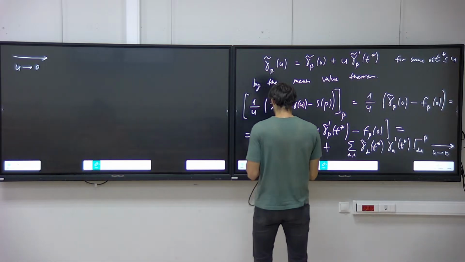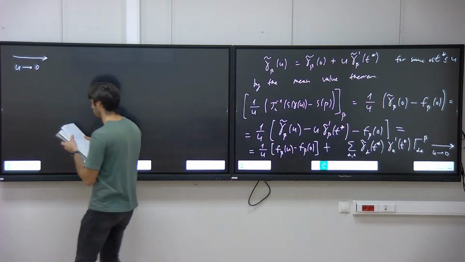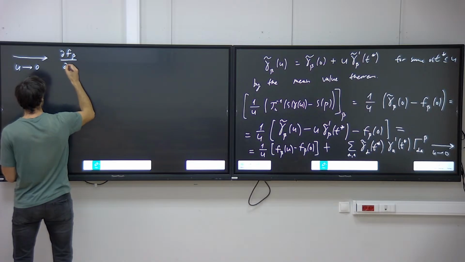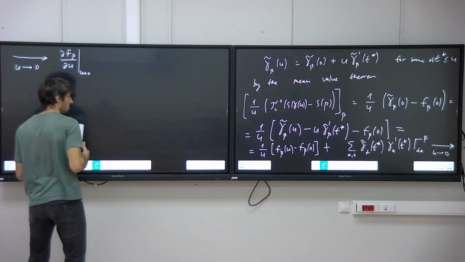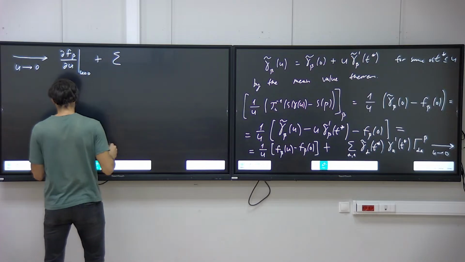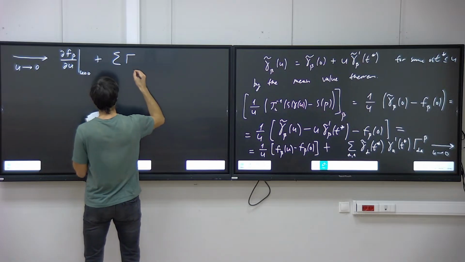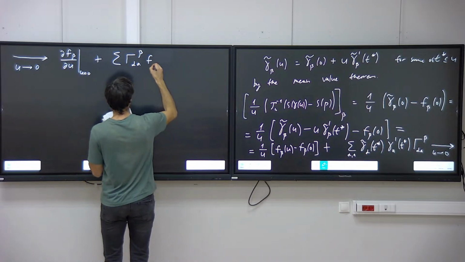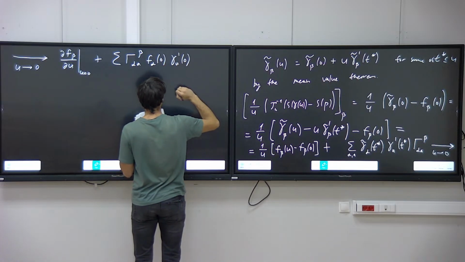Then this becomes the derivative of f beta with respect to u at u equals 0, plus what I have is gamma alpha a beta f alpha of 0 gamma a prime of 0.